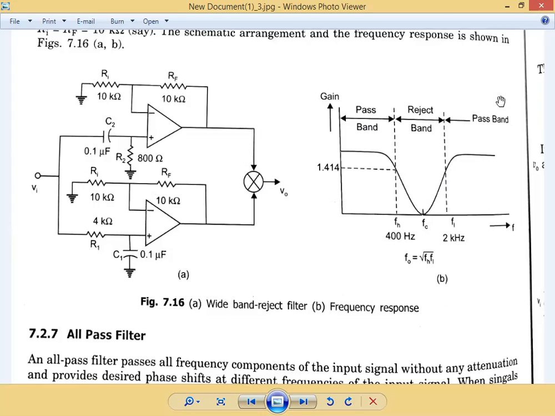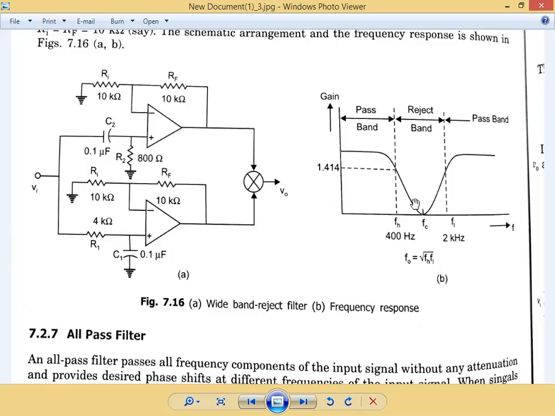In it, the low pass filter gives the higher cutoff frequency, that is FH, and the high pass filter gives FL. By combining these two filters' responses using an adder, we obtain a wide band reject filter.